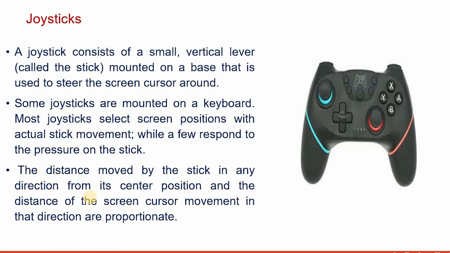The distance of the screen cursor movement in that direction is proportionate, so the stick can move left or right or front or back, in any direction from its center position.